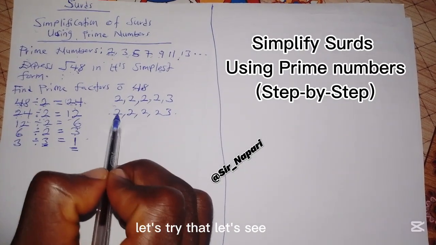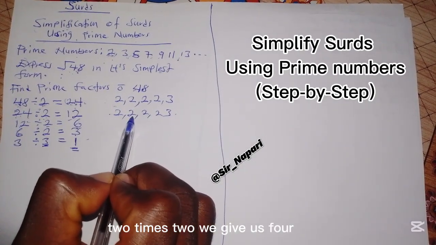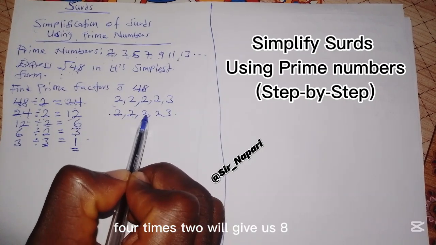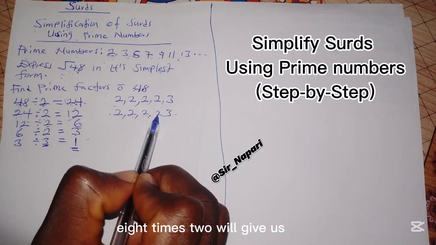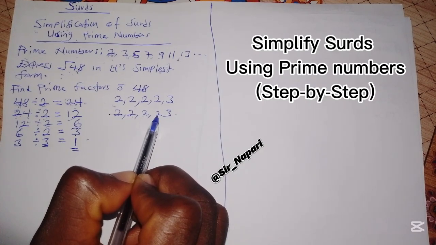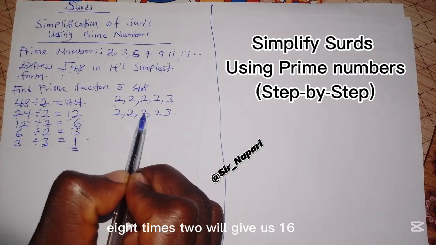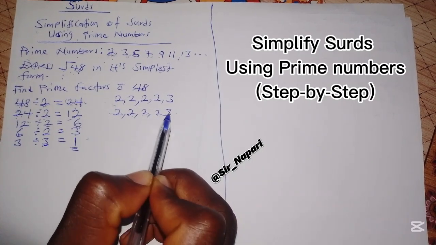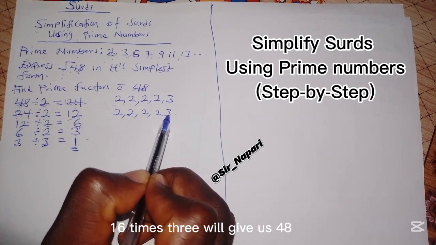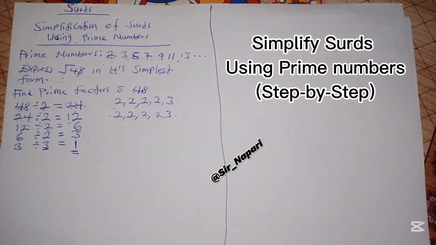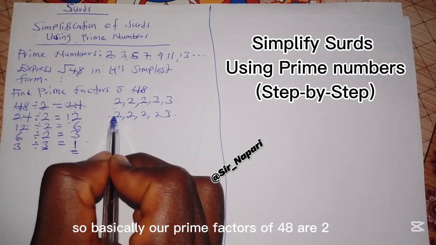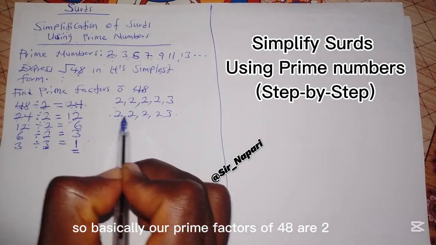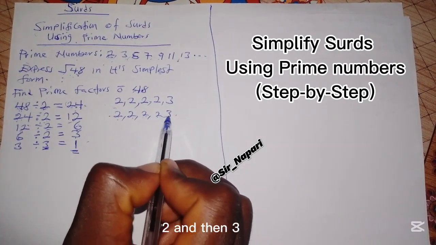Let's try that and see. 2 times 2 will give us 4. 4 times 2 will give us 8. 8 times 2 will give us 16. 16 times 3 will give us 48. So basically our prime factors of 48 are 2, 2, 2, 2, and then 3.